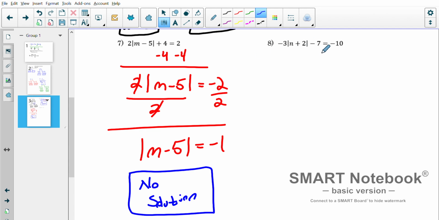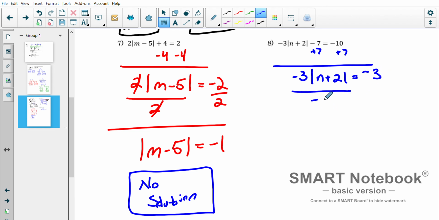And last one. Let's go ahead and add 7 to both sides. -3 times the absolute value of n plus 2 equals -3. When I divide both sides by -3, absolute value of n plus 2 equals 1.